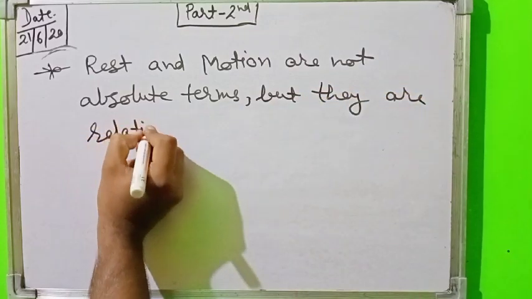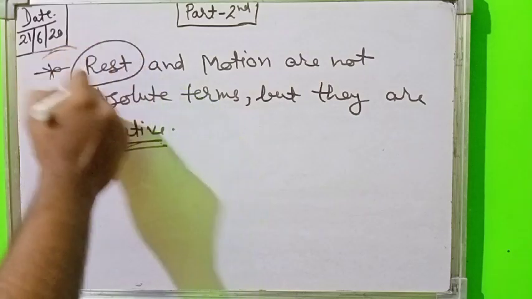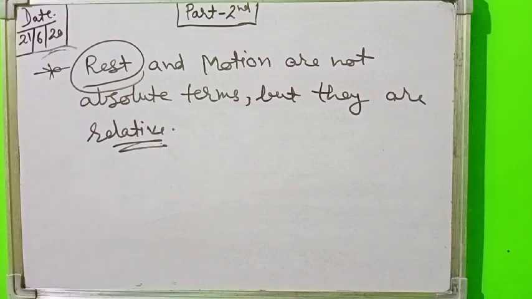Absolute means perfectly rest or perfectly in motion. You cannot describe any object as being at complete rest. If you are observing that object, then you can say that the body is at rest, because with respect to you the body is not changing its position with the passage of time along with the surrounding.